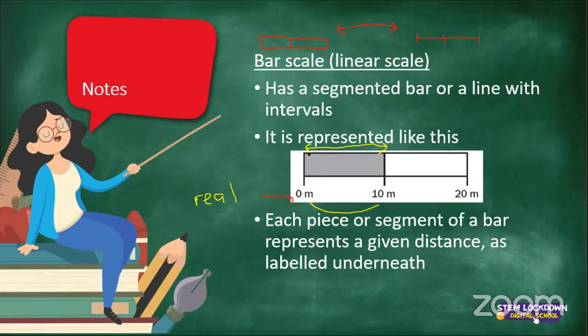So on the map, let's say, just making an example, this is your house, right? This is your neighbor's house, right? If on the map they're separated by this distance, maybe let's say 2 centimeters, that means in reality they're actually separated by 10 meters, right?